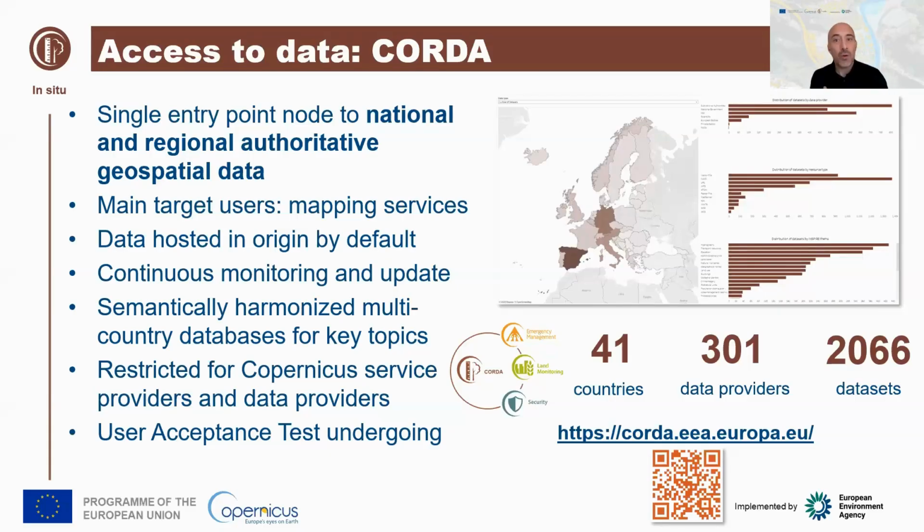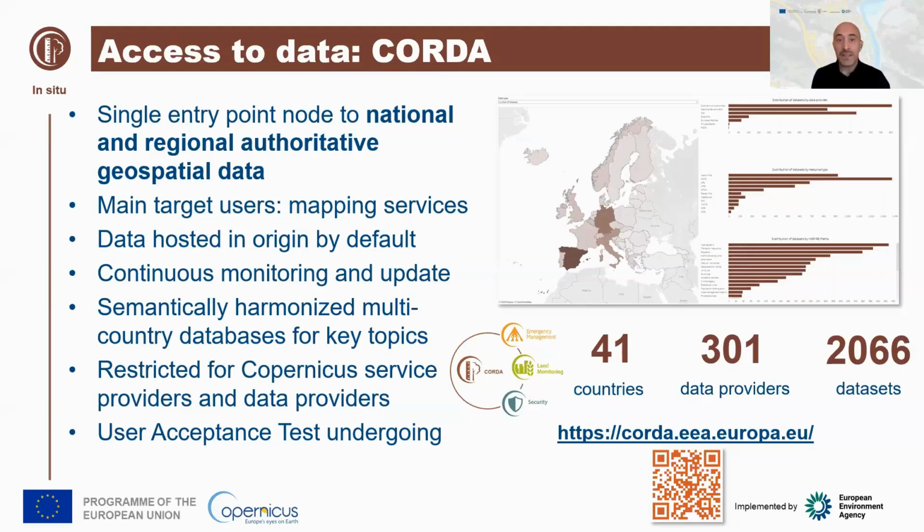By default, this always remains with the data provider. We are acting as a gateway to this data. What is important is that we do continuous monitoring, and whenever you, as data providers, update your data, we then update our catalog. So the idea is that we can offer the service providers, the contractors working for the different entrusted entities, the most up-to-date data at national level.